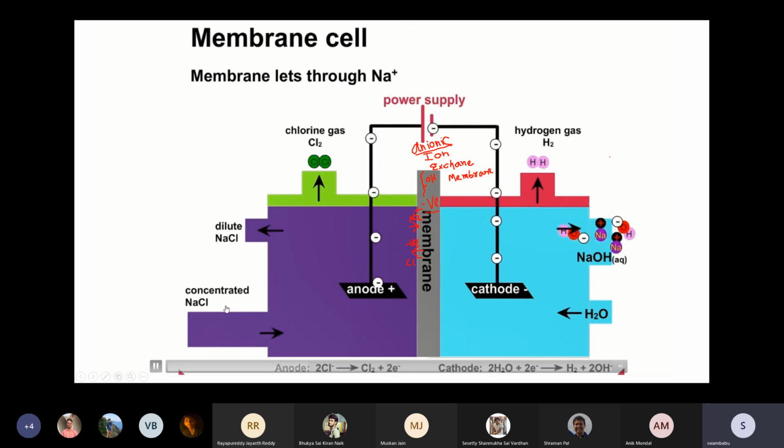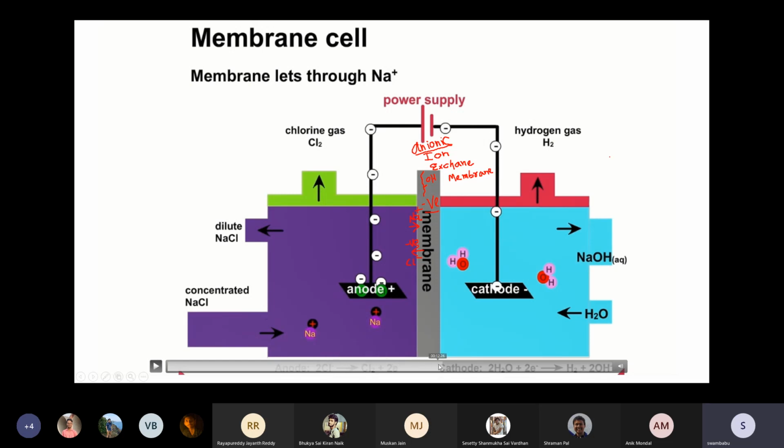The concentrated or saturated NaCl is fed, and when you feed this concentrated NaCl, Na+ ions and Cl- ions both enter the anode side.